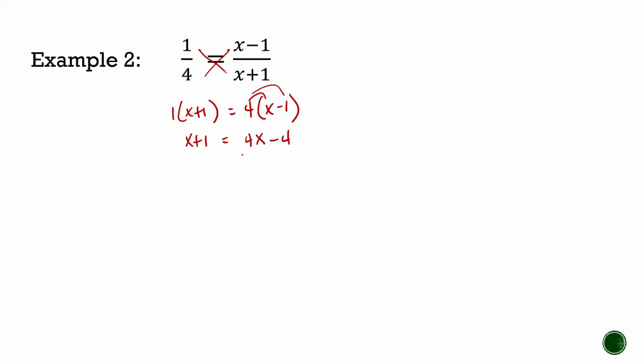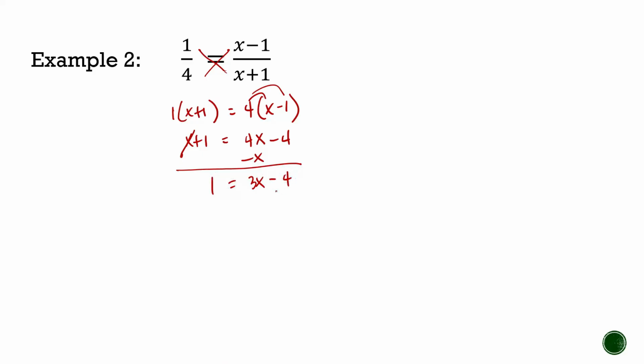And then again, the objective is to isolate the term with x from the constant number. So what I'm going to do first is get rid of this x on the left. That's a positive x, so I will subtract x on the right side. Then 4x minus x is going to give us 3x. So that's 1 minus 4.